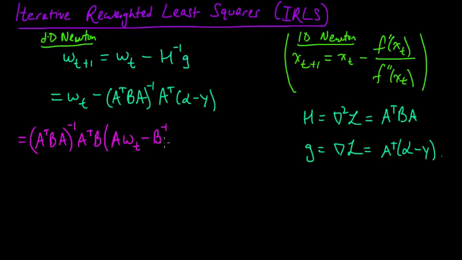Minus, now we need to put a B inverse to get rid of the B, and then we'll have alpha minus y. So the B goes away, and we're left with the original thing times alpha minus y. So we can rewrite it in this way. And then let's define this quantity here. This is a vector. Let's define this to be z.